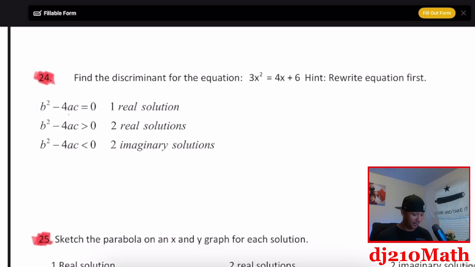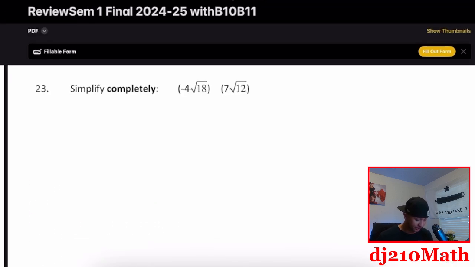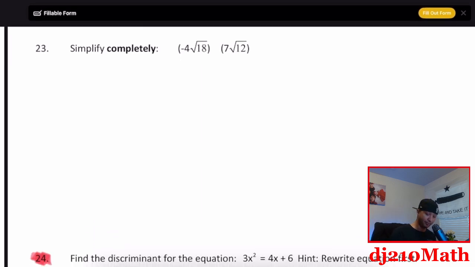24. Find the discriminant for the equation. You know what? Let's just do it. Because who knows? Outside times outside, this would be negative 28. Inside times inside, and it's a big number.